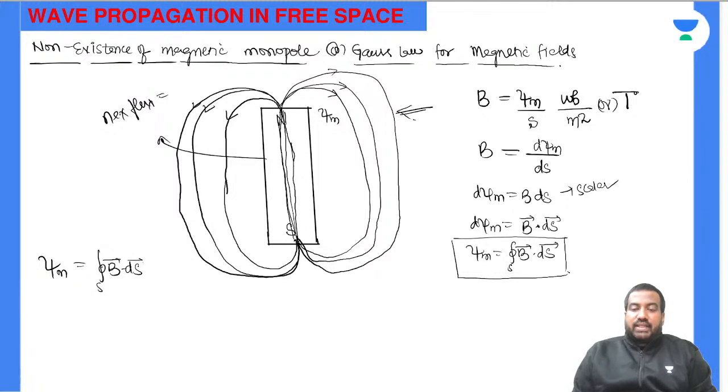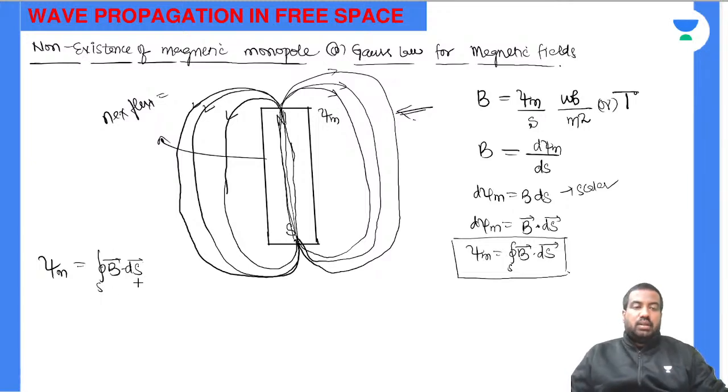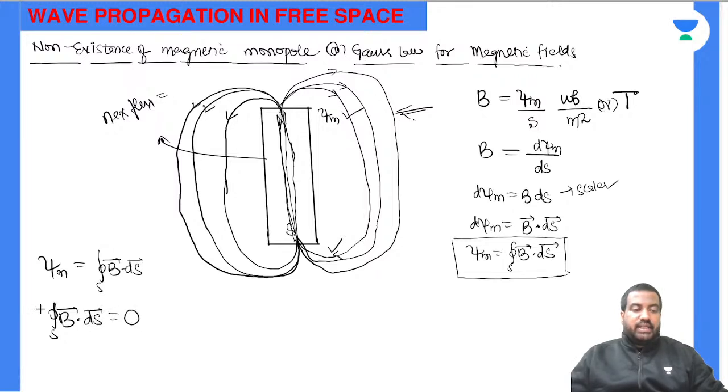What is the net flux generated? This fellow is giving out psi m. It is taking in psi m. The net flux generated is 0. Closed surface integral of B dot ds is 0.